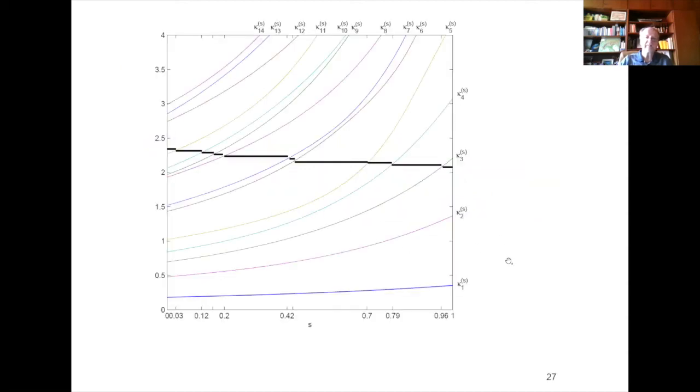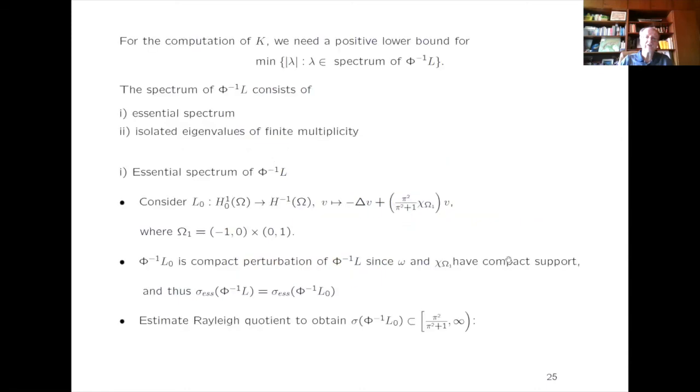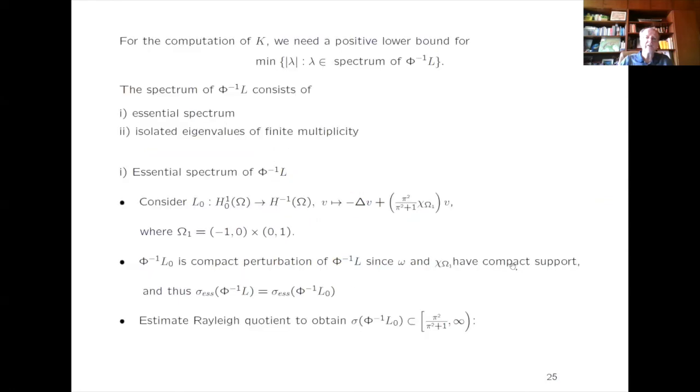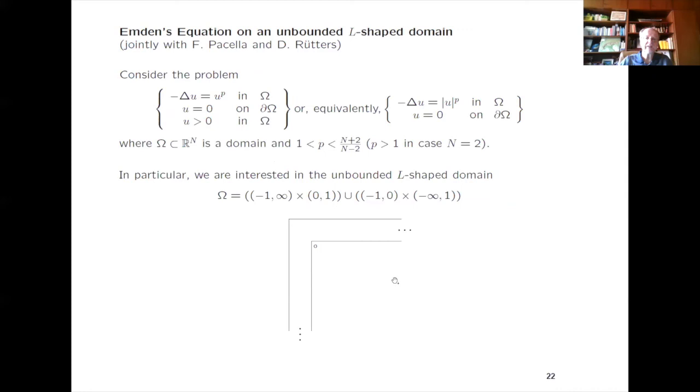I should also lose a word here on how to do the homotopy for the eigenvalue computation. I go back to the picture of the domain now, it's this one here. You see, of course, we do not know the spectrum of the Laplace operator in closed form on this domain.